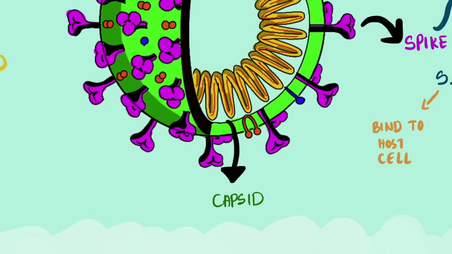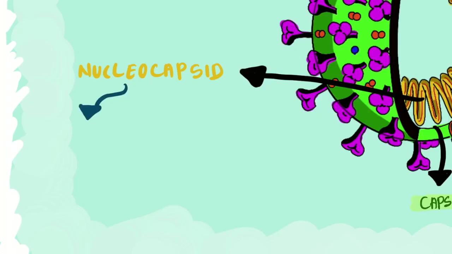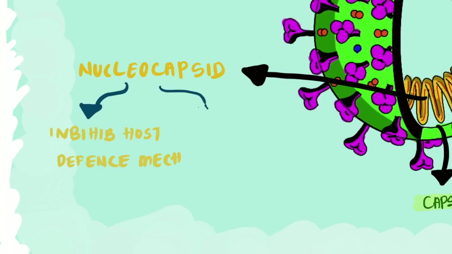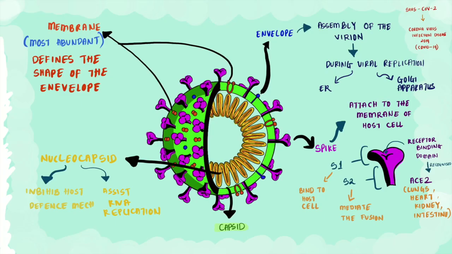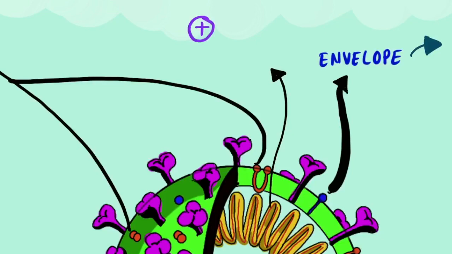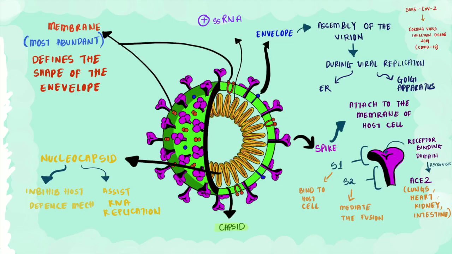Inside the capsid there is nucleocapsid protein or N protein, which is denoted by yellow color here. The main function of nucleocapsid is to inhibit host defense mechanism. It also assists in the RNA replication. And inside the nucleocapsid there is genetic material of the virus, which is positive sense single-stranded RNA.